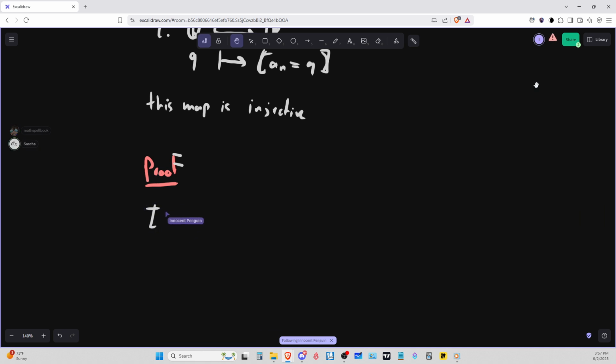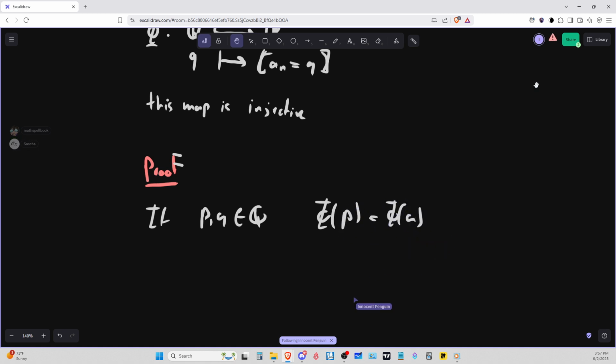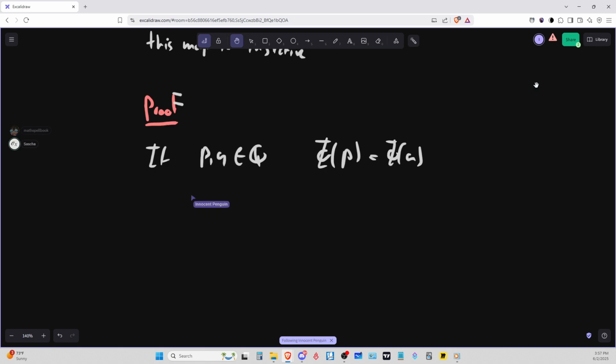Let's give it a better name. Let's call it phi. So if p and q are rational numbers and we have that phi of p is equal to phi of q, then it means that the constant sequence a_n is equal to p and b_n is equal to q.